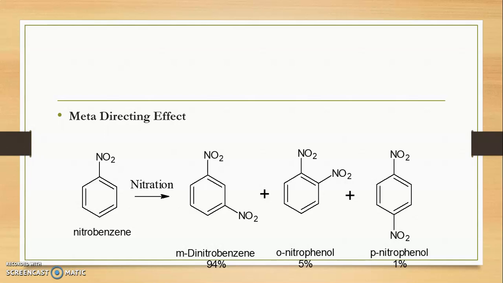Once the meta positions are fulfilled, substitution will take place at the ortho or para position, but in negligible concentration. So these two effects are known as the ortho para directing effect and the meta directing effect.